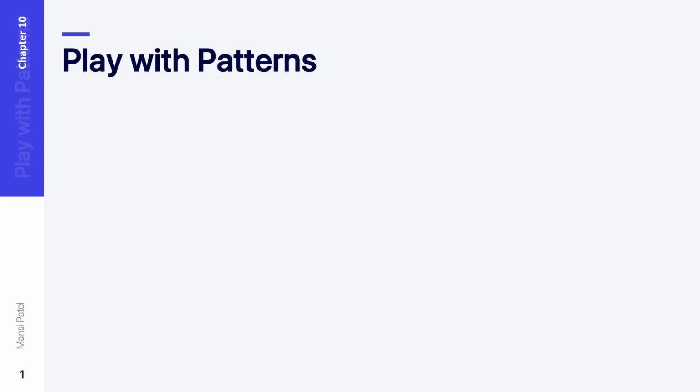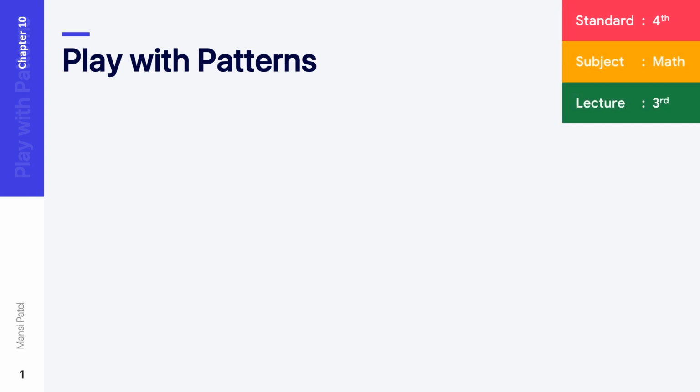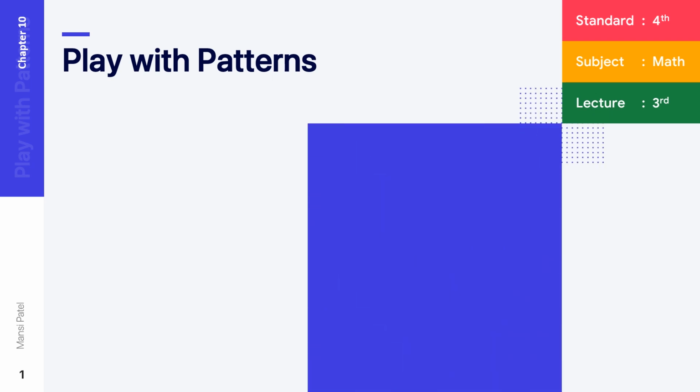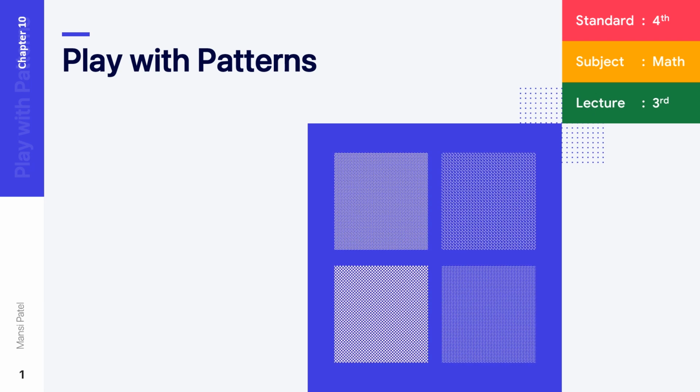As you know already, the name of our chapter number 10 is Play with Patterns. In our previous session, we saw some patterns and how they help us study, and also we made our own pattern.